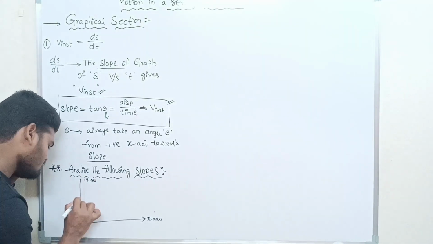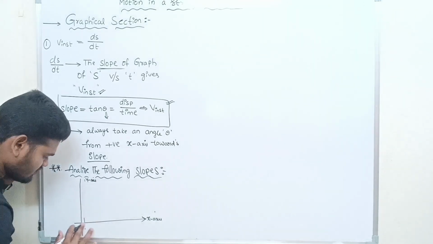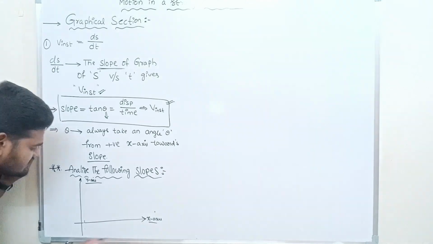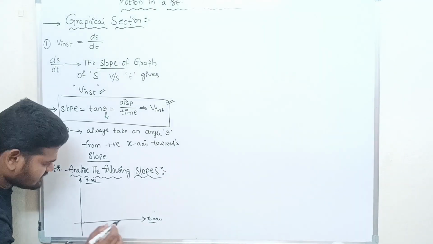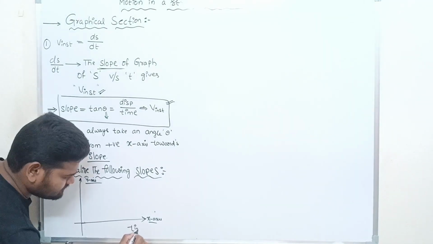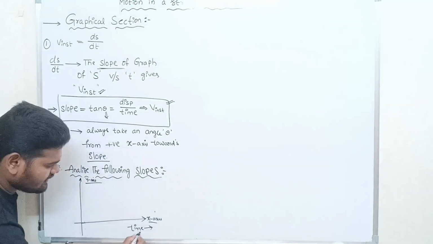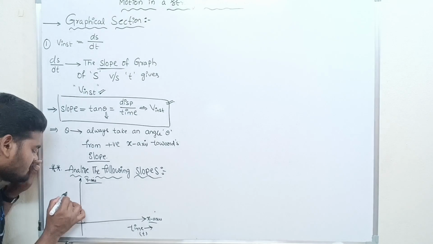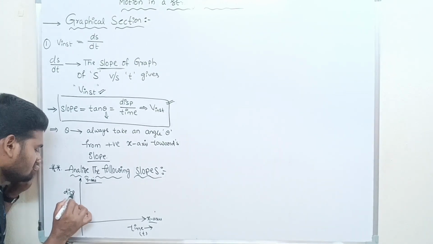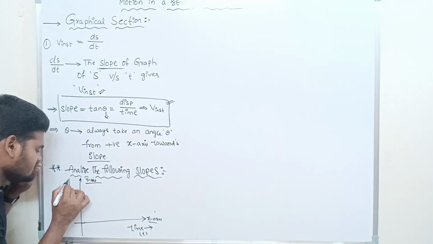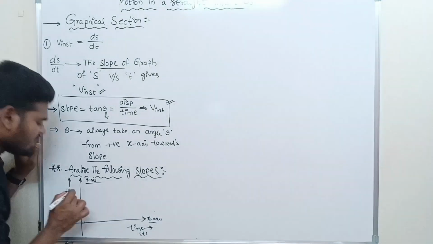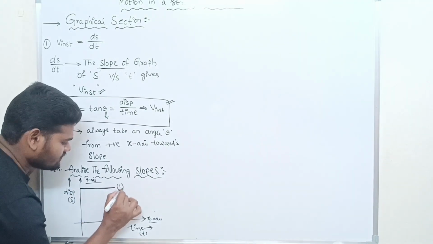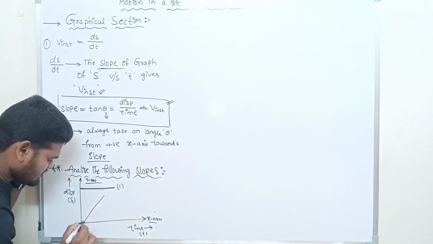Just try to draw a straight line. Along the x-axis, I'm taking time, t. Along the y-axis, I'm taking the displacement. And they are given the slopes like this. So this is the first slope, and this is the second slope.